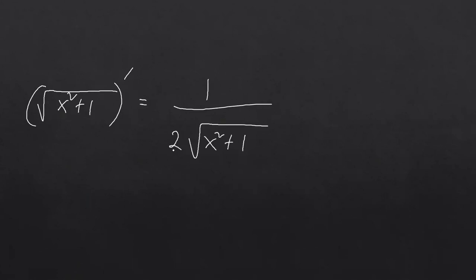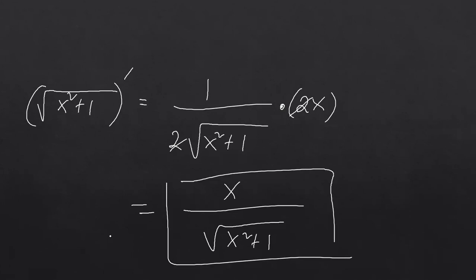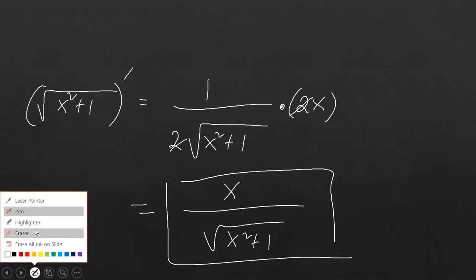So again, 1/2, then you copy this one, and you multiply by the derivative of the function inside, because we are applying the chain rule. So it will be 2x, because the derivative of x squared is 2x, and the derivative of 1 is 0. The 2 here will be cancelled out, so your answer will be x all over the square root of x squared plus 1. Just simple as that. So that's the derivative of a square root.